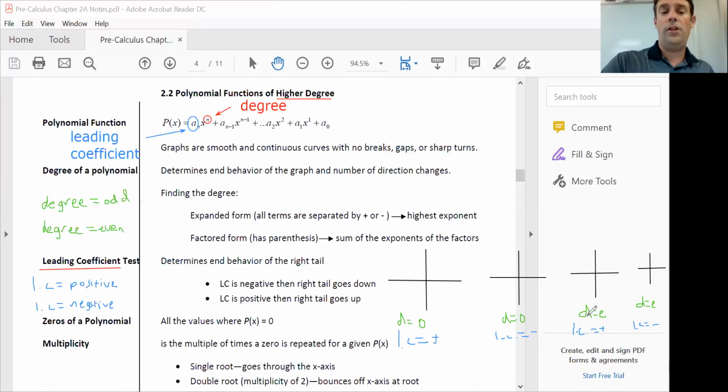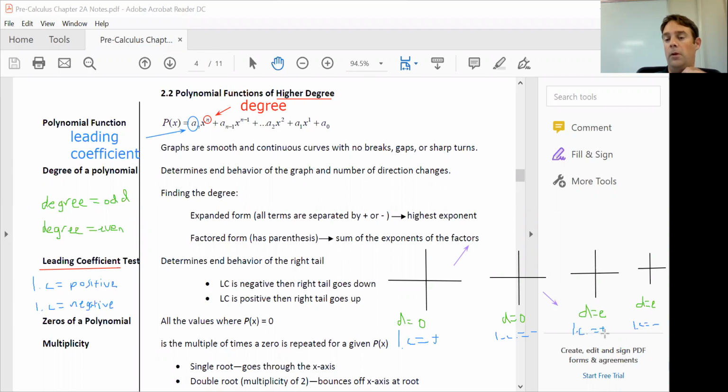If our leading coefficient is positive, it's like the slope of a line. If it's positive, it means it's going up. If it's positive, it means it's going to end going up. If the leading coefficient is negative, it's going to end going down.